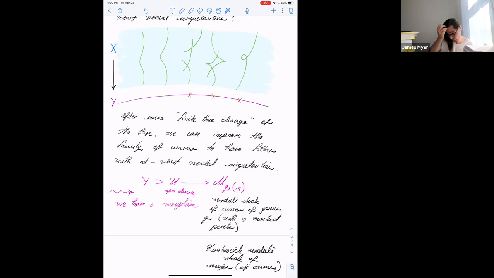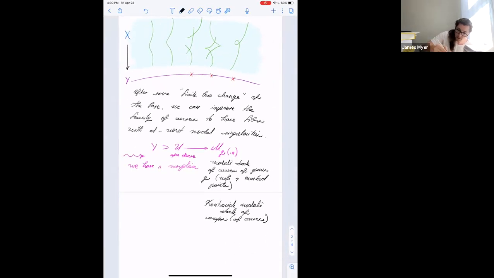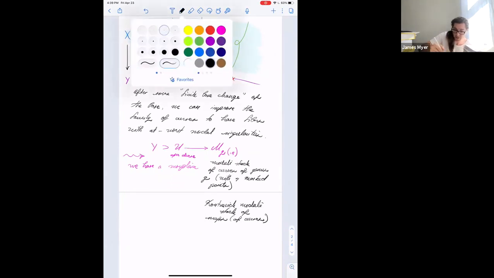You might say, wait, you have to be careful because maybe the genus isn't big enough. But no, it's fine. You can actually make the genus as large as you want. And that's an important thing to mention: at the beginning of this whole argument, we could have twisted X by some Veronese embedding, which just means take the monomials of degree D for an arbitrarily large D. Just make it really big.